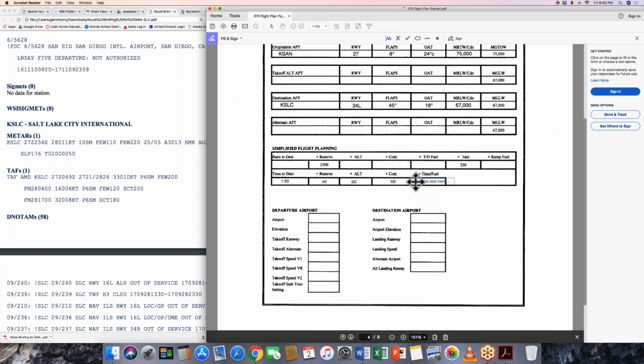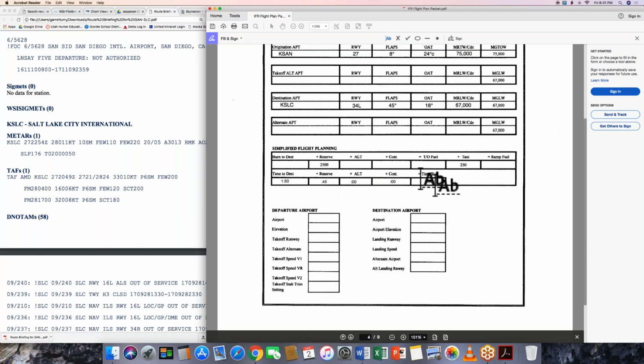What's the total minutes here? 60, 120, 110. 2 hours, 5 minutes. Okay, oh, never mind. So 2 hours and 35 minutes is an hour and 50 minutes plus 45 minutes, right?